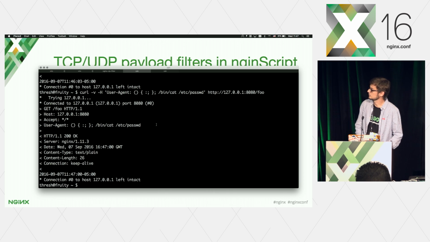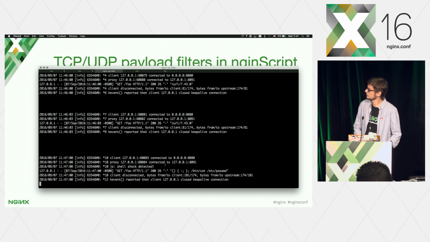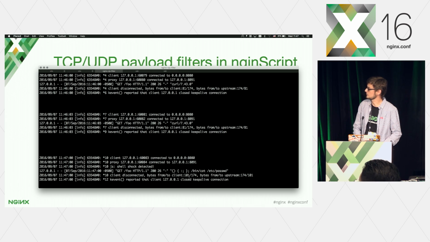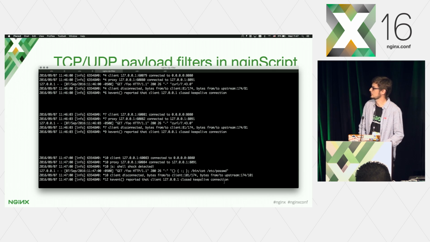And I can see that curl did indeed add the needed header, and I received the response. But did our web application firewall actually trigger the check? Oh yeah, and here in the logs we can see that we have detected Shellshock. So yeah, seems like it's working. And we can see that we've logged the request here. It went all the way to the backend, and in the next line you can see that some bytes were sent to the backend as well.